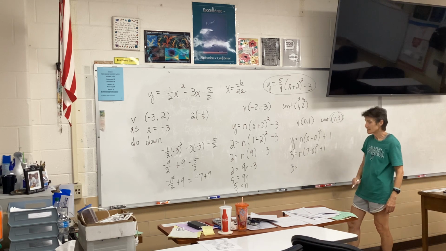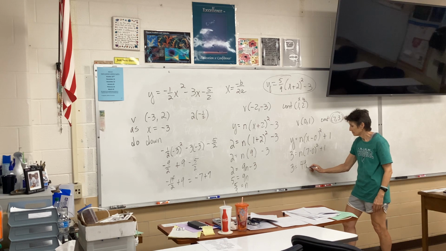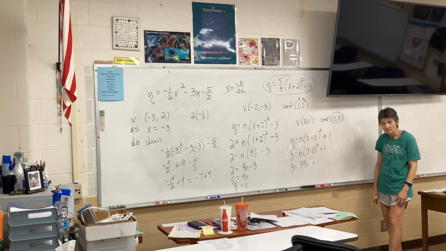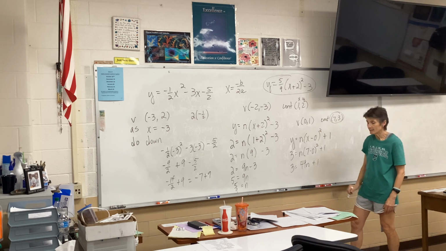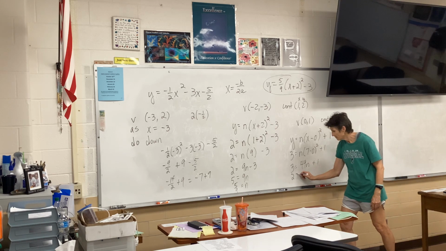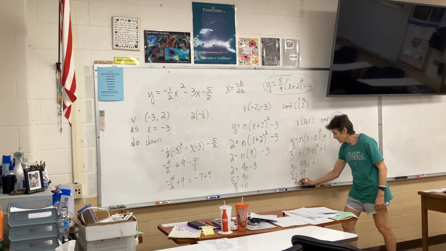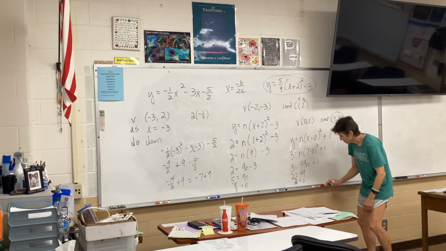So 7 minus 0 is 7, squared is 49, plus 1. Do not add the 49 and the 1. You're solving for n, so you're going to subtract the 1 and divide. So we get 2 over 49.